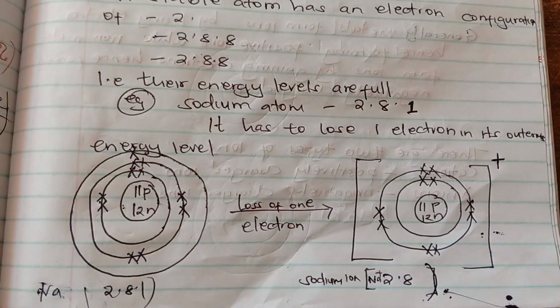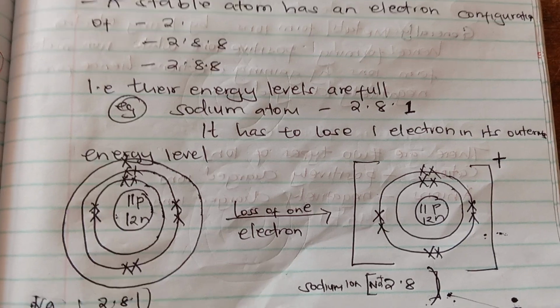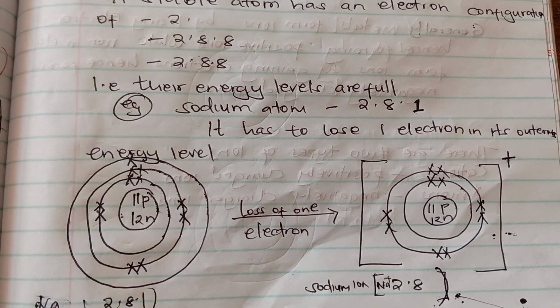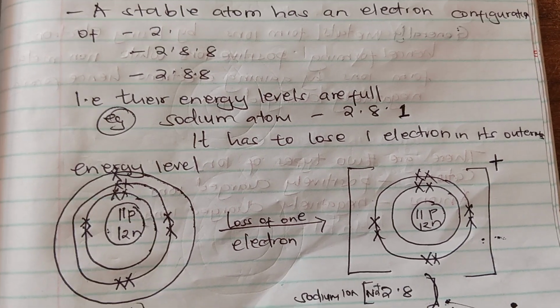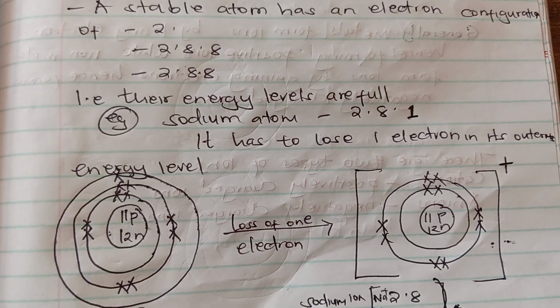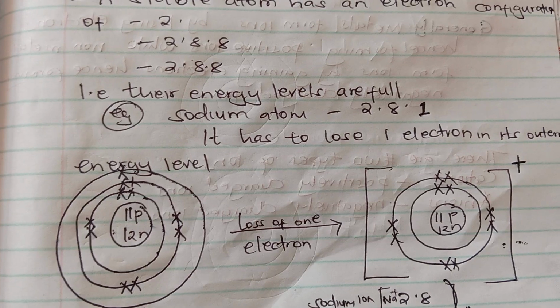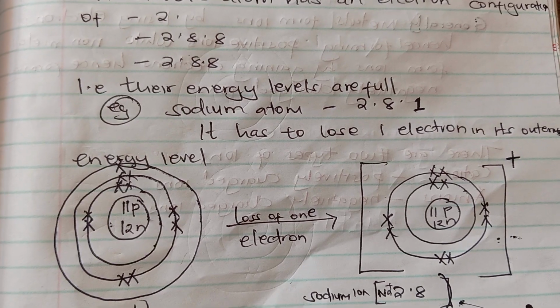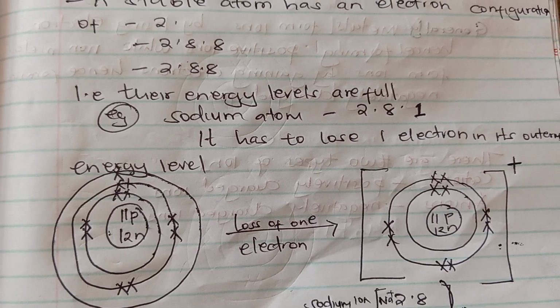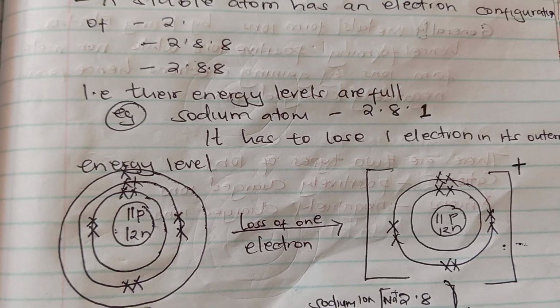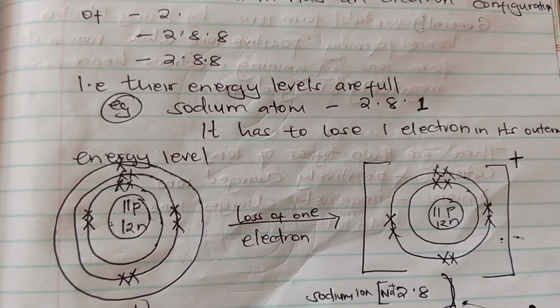Let's look at sodium. It's the first example. Sodium has an electron configuration of 2.8.1 because it is atomic number 11. So it is easier for sodium to lose 1 electron in its outermost energy level than to gain 7 electrons so that it has 2.8.8 electron configuration.